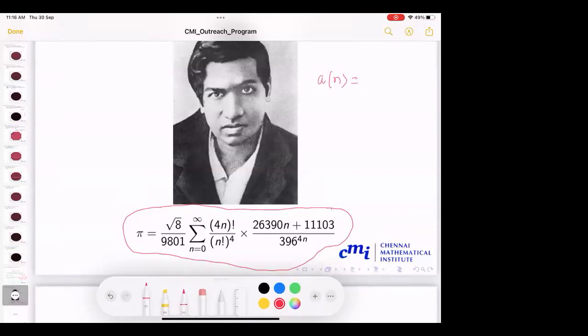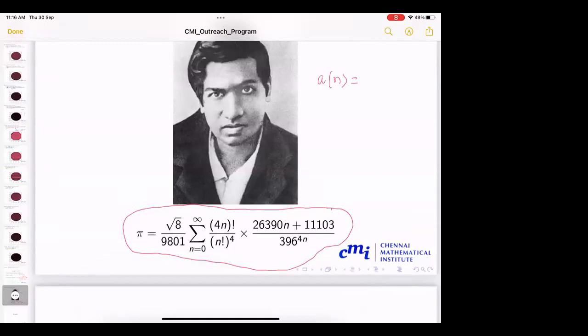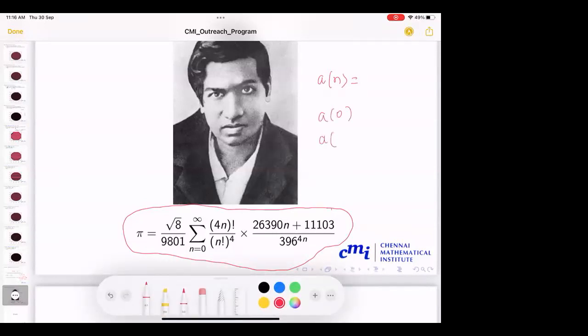You can think of each of them as a of n, then you compute a of 0, then a of 1, then a of 2, and then keep adding them. And eventually this entire thing will converge to pi.